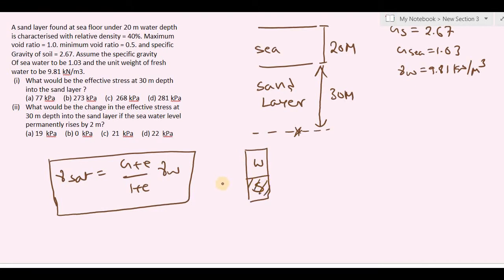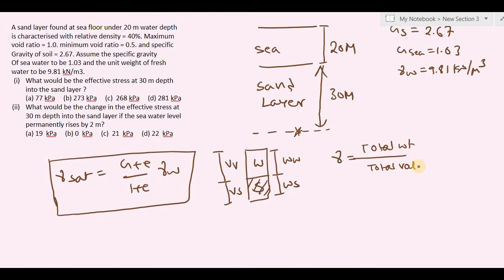So this is the volume of solids, this is the volume of voids, this is the weight of solids, and this is the weight of water. We know our saturated unit weight: you have to calculate the saturated total weight by total volume. If you want to find dry unit weight, you have to find dry total weight by total volume.